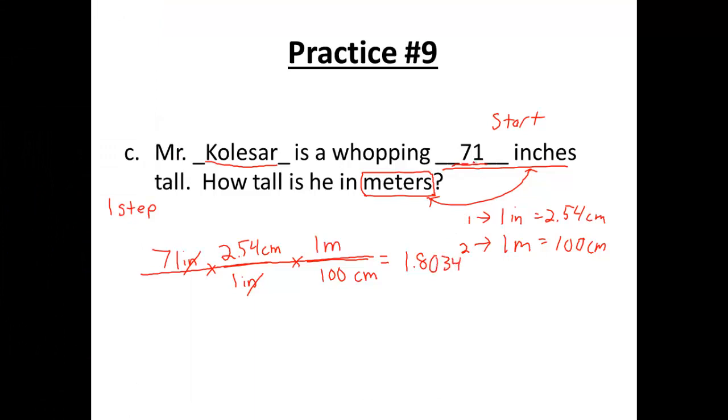Now we start off with 71, 2 significant digits, so 1.8, rounding 0 to 8, and so 1.8 meters, significant figure measurements, would be our answer there for our practice.